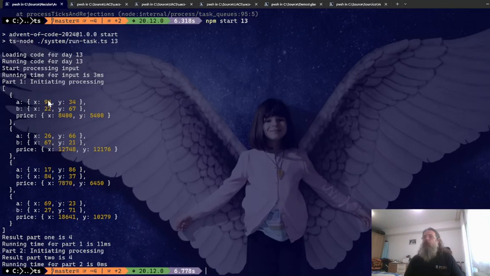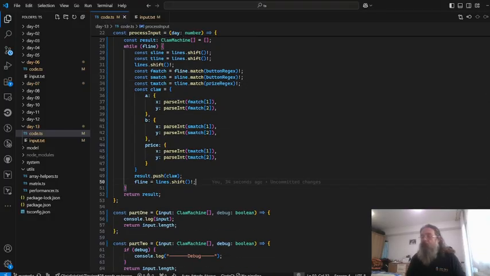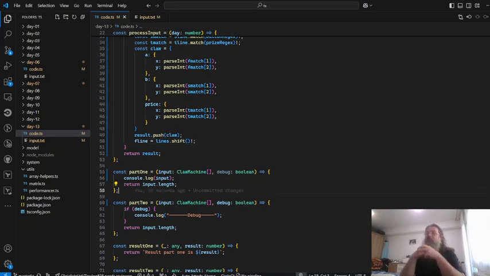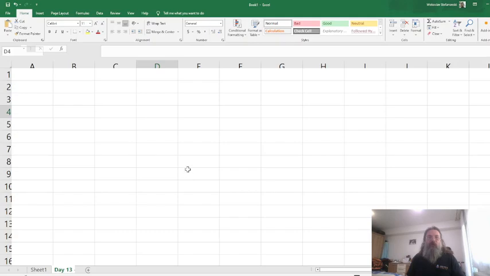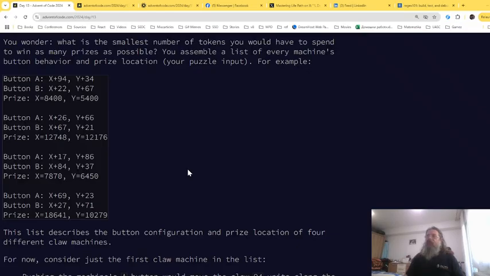Seems that we are correct, and all of these are actual numbers, which means it's quite okay. So now we need to continue with the task, specific task, and I feel that's gonna be the easy part. I'm gonna move a bit to Excel. So let's take a look at the first task.